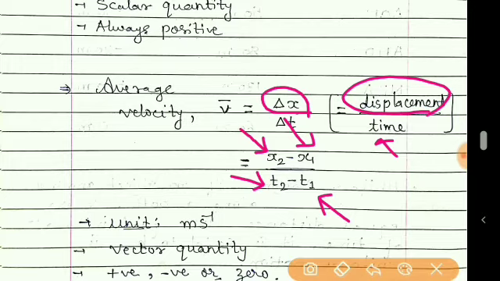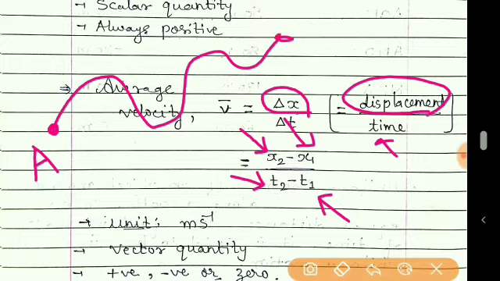Now students, once again I'll give you this example. Suppose any particle is moving from this point A to point B. If we consider this whole path along which the particle moved, and consider the length of the path, then that is the path length, and path length upon time taken is average speed.